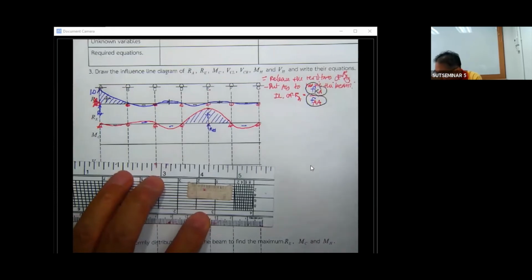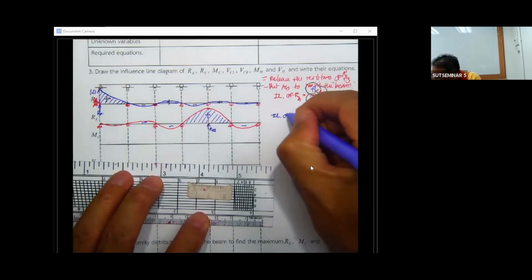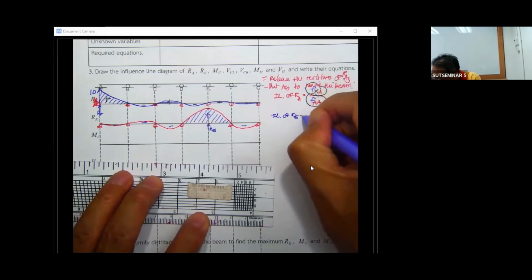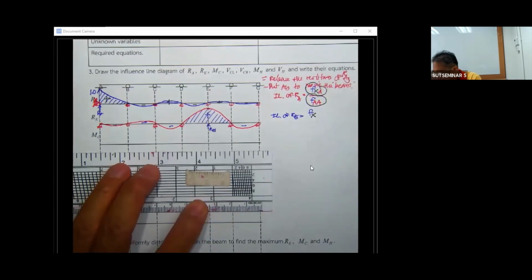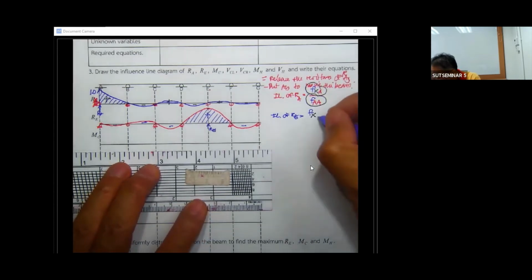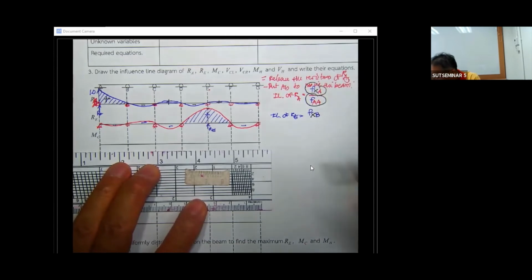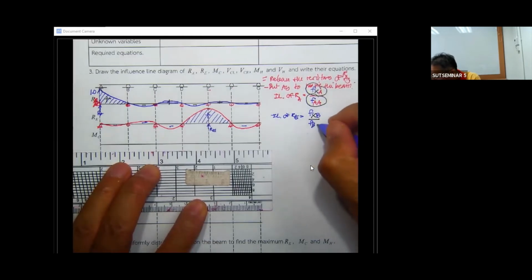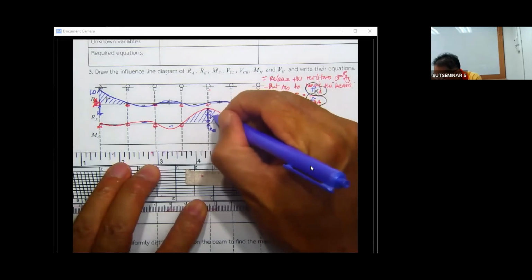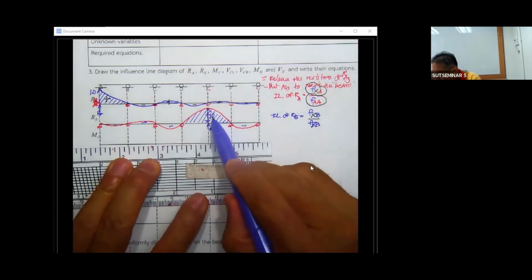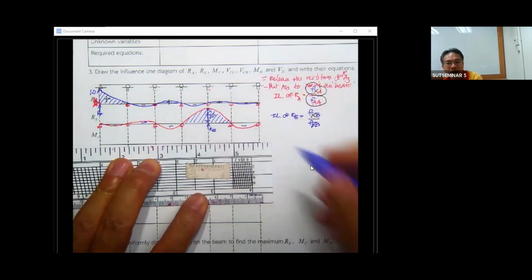Then the influence line of R sub E is equal to the deflection at any point X due to the force applied at E, divided by the deflection at point E due to the force at E. That's why this is going to be 1.0 unit, because it's F sub EE divided by F sub EE.